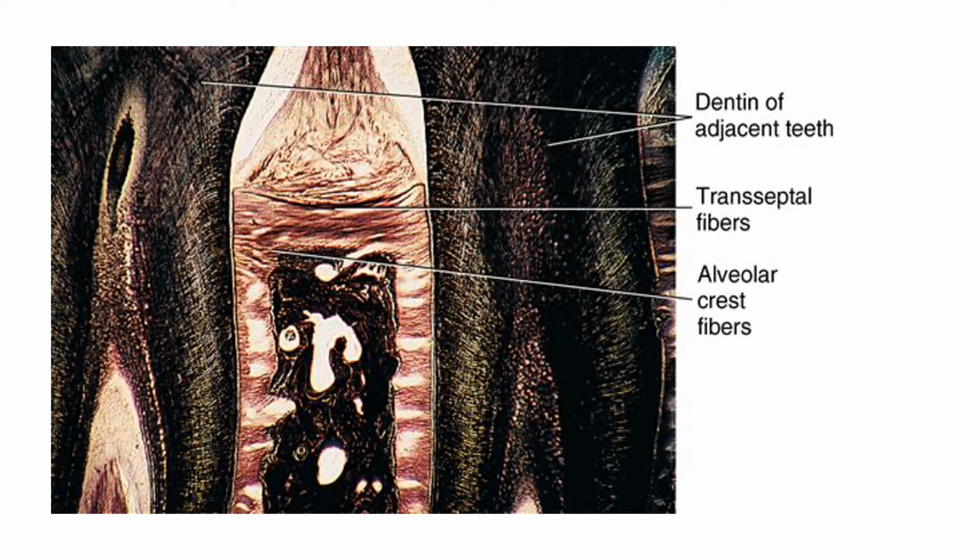Now in this picture we see the alveolar crest fibers from the cementum to the crest of the bone, and we see the horizontal fibers, which are at a right angle to the long axis of the tooth.